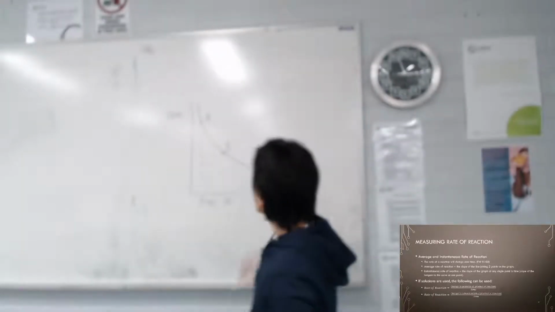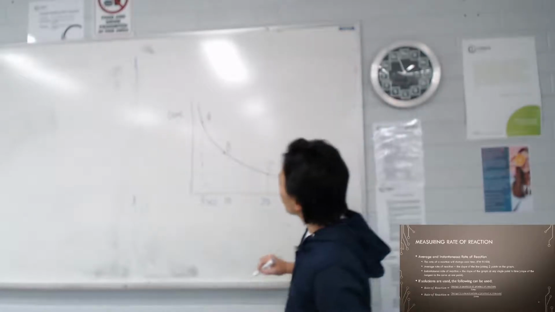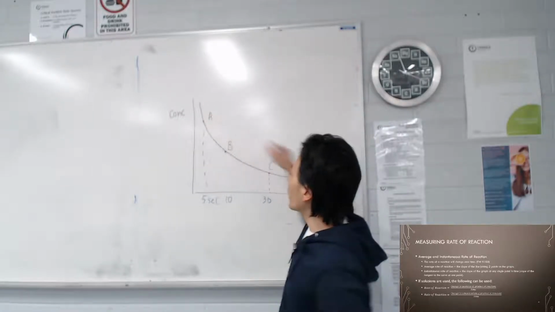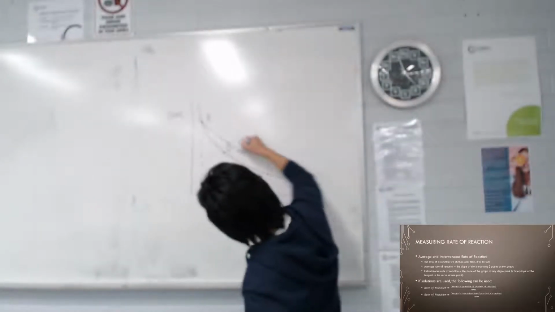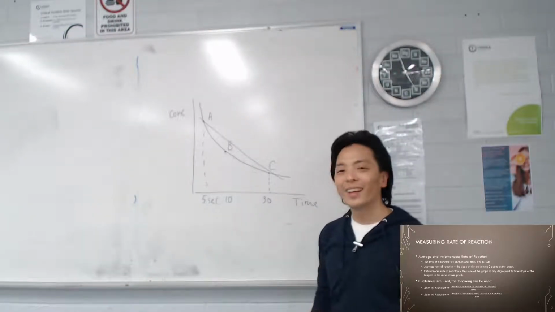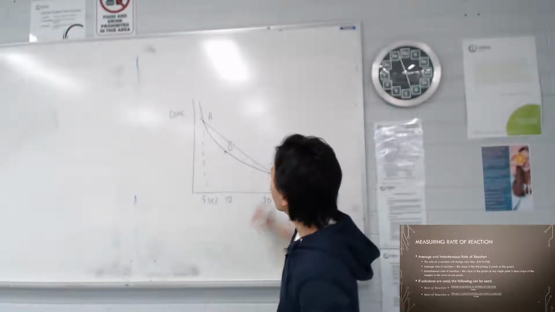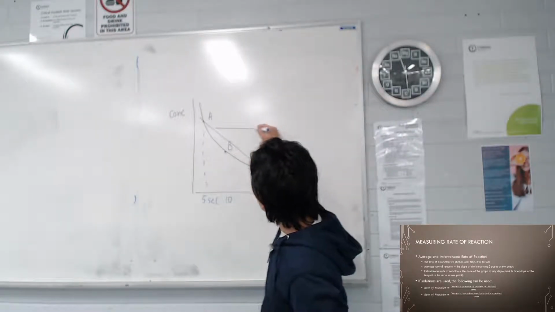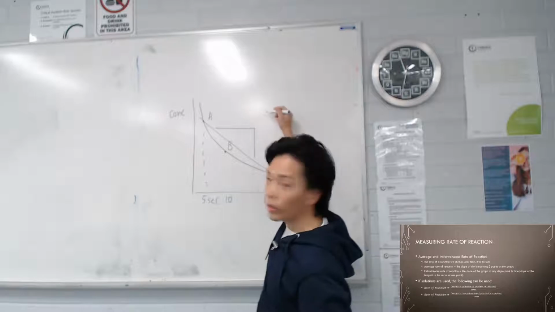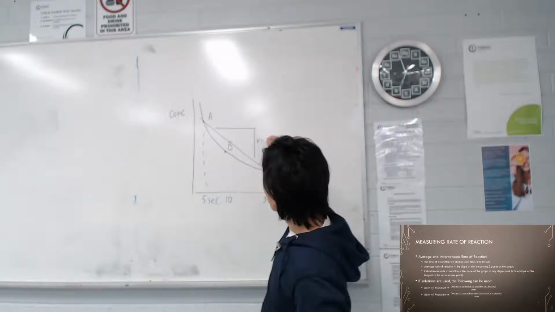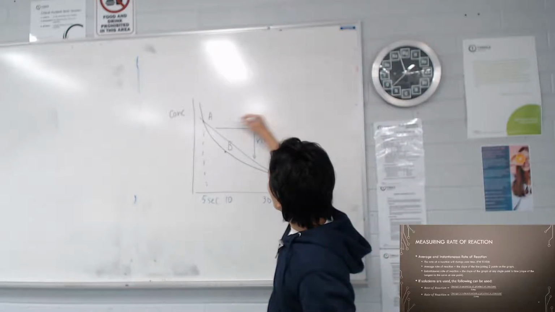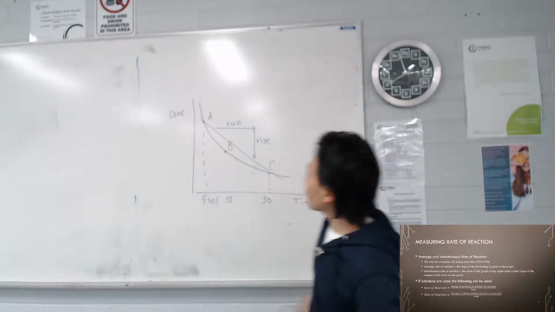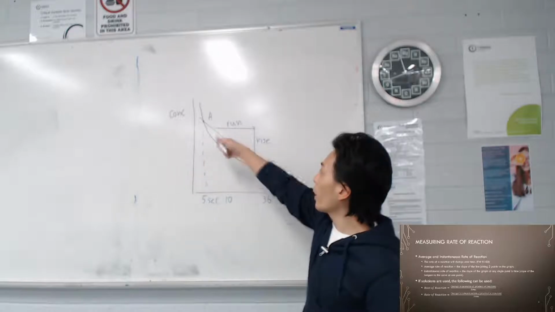You could be looking at average rate of change from A to C. How do you do it? You just draw a straight line. Once you figure that out, you could then look at rise over run, this being rise, but negative because it went down this way. Rise was a concentration and run is time.